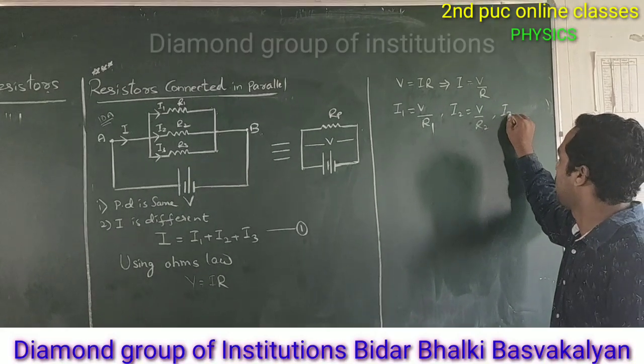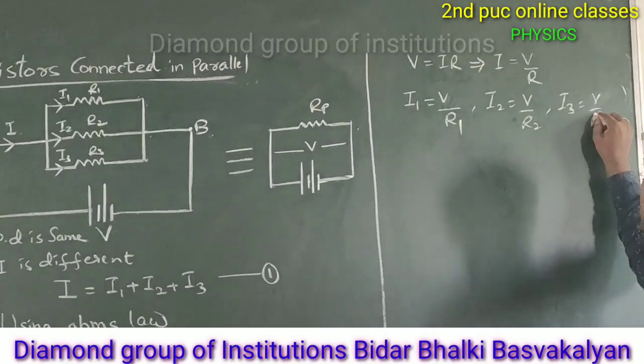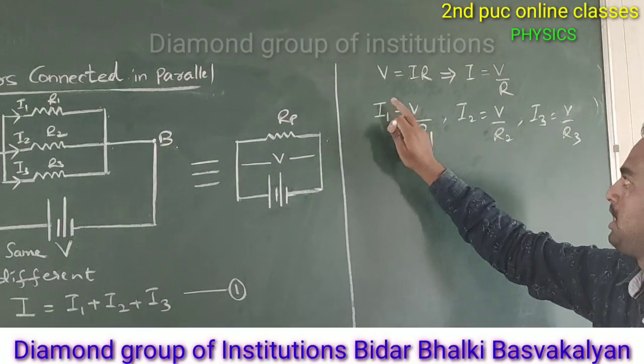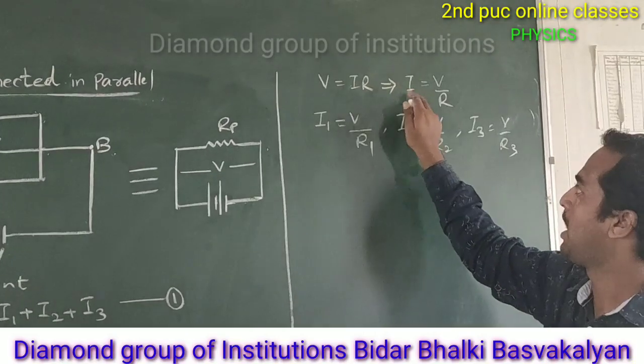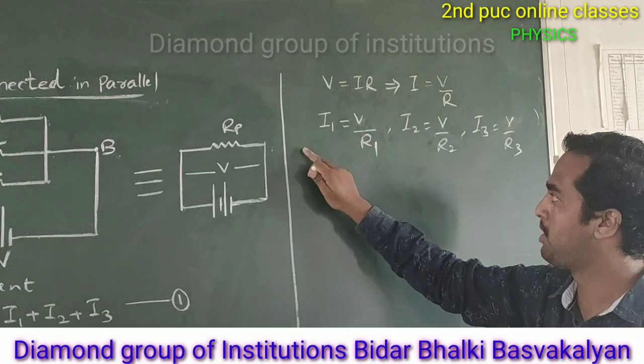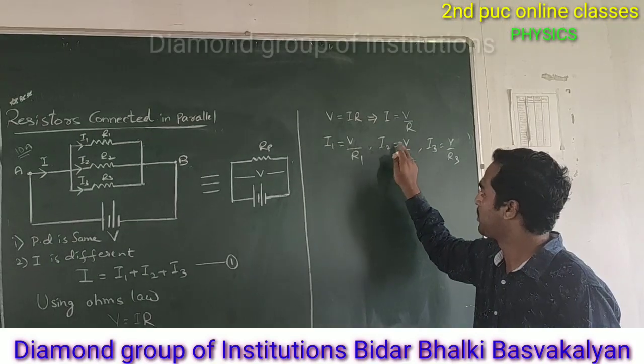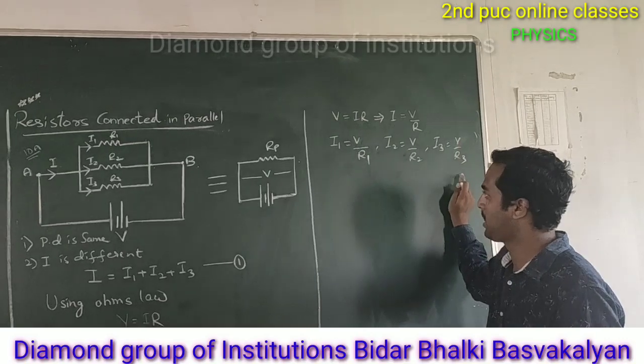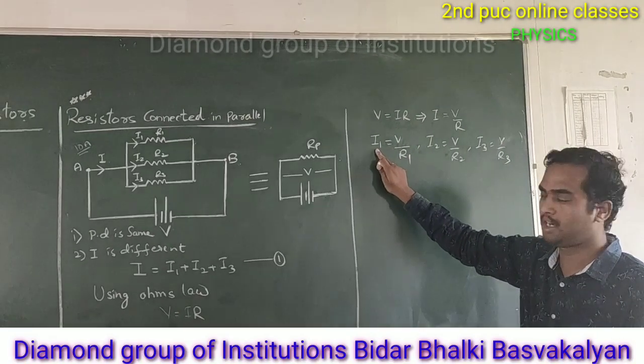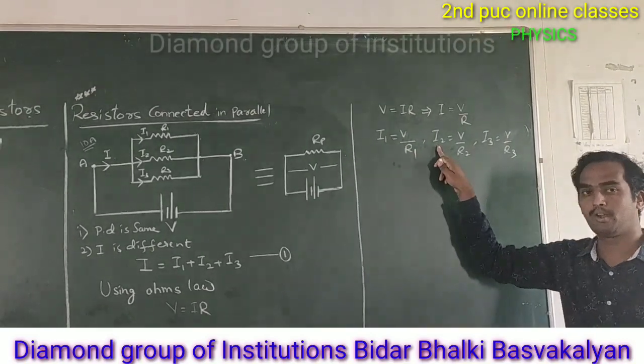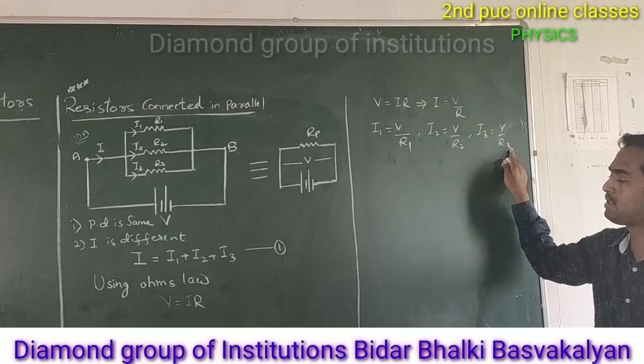Next, I3 equal to V by R3. Once again, V equal to I into R, I equal to V by R. So I1 becomes V by R1, I2 becomes V by R2, I3 becomes V by R3. That means I1 is the current across R1, I2 across R2, I3 across R3.